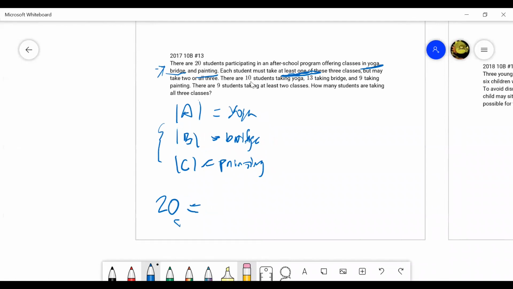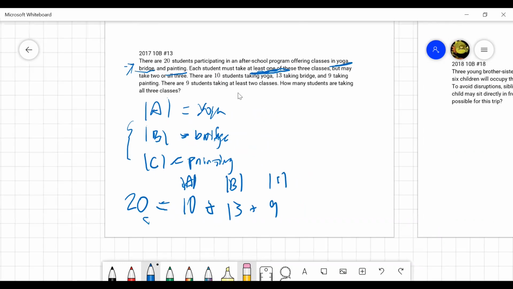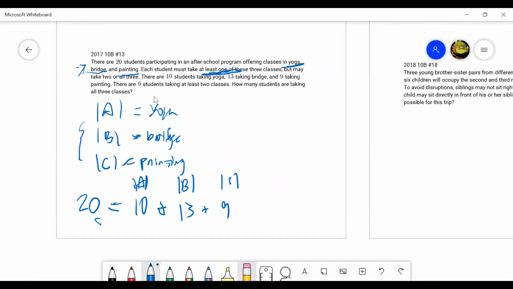Right. Now 10 students taking yoga, that just means this is the A term. This is 10. And 13 taking bridge, so this is the B term. 9 taking painting, so this is the C term. Then there are 9 students taking at least 2 classes, right?